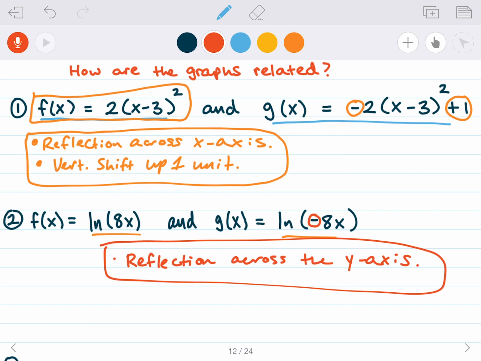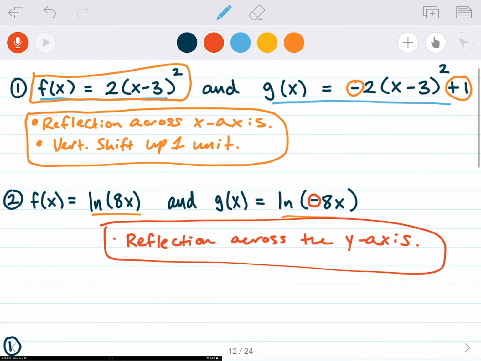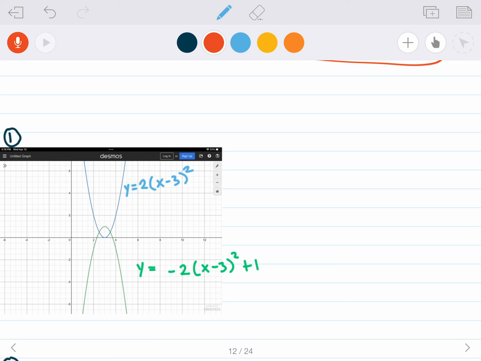All right. I graphed these guys on Desmos for you. So again, looking at number 1, what did we say the transformations were? We said it was a reflection across the x-axis, and a vertical shift up 1 unit. So we can see that is the case for the green and the blue function.